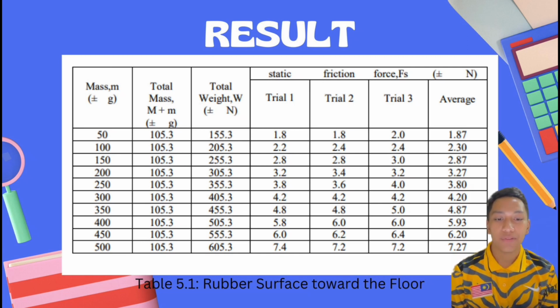And then we have static friction force Fs plus minus 0.1 Newton, and also trial 1, trial 2, trial 3, and the last one is the average.